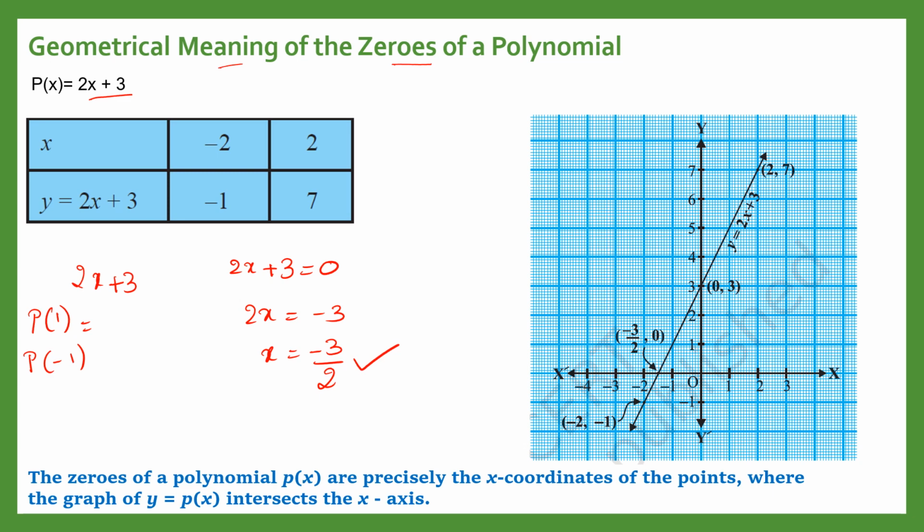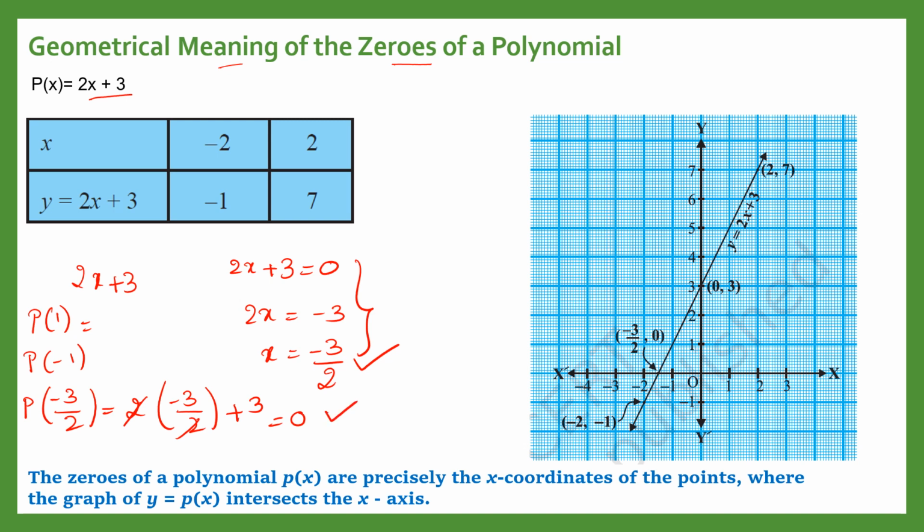This is the zero of the polynomial. Let's substitute and check. P of minus 3 by 2: 2 into minus 3 by 2 plus 3. 2 gets cancelled. Minus 3 plus 3 is 0. So this is another way of finding the zero of the polynomial, and trial and error is another way. Minus 3 by 2 is the zero of the polynomial.